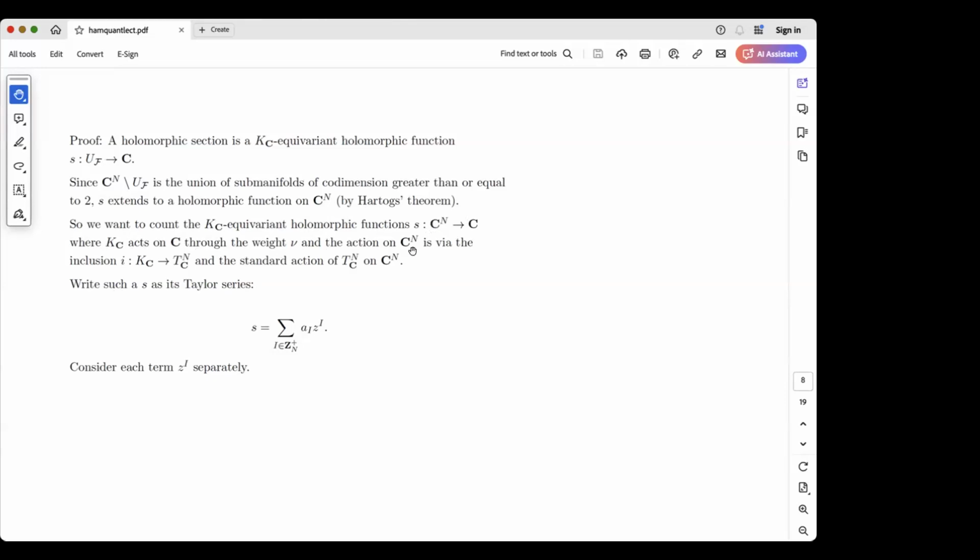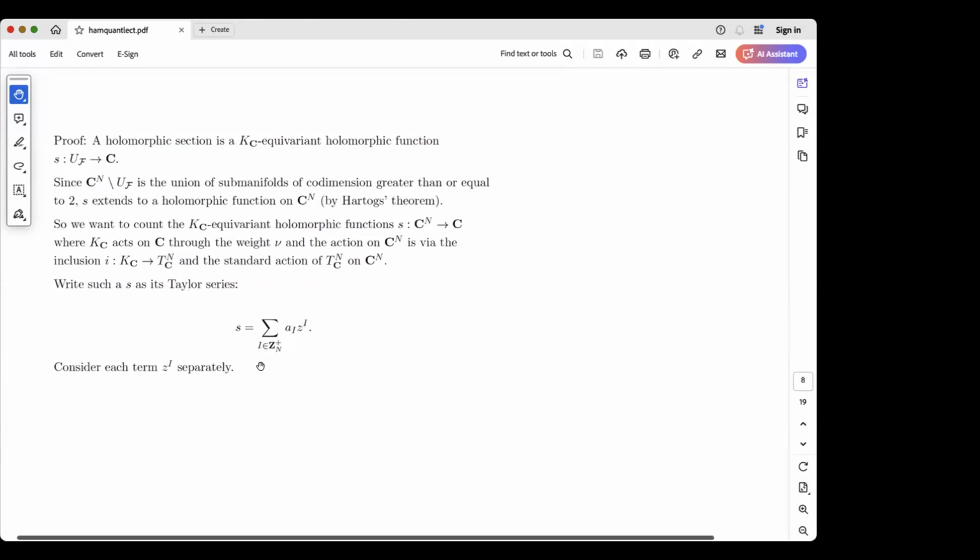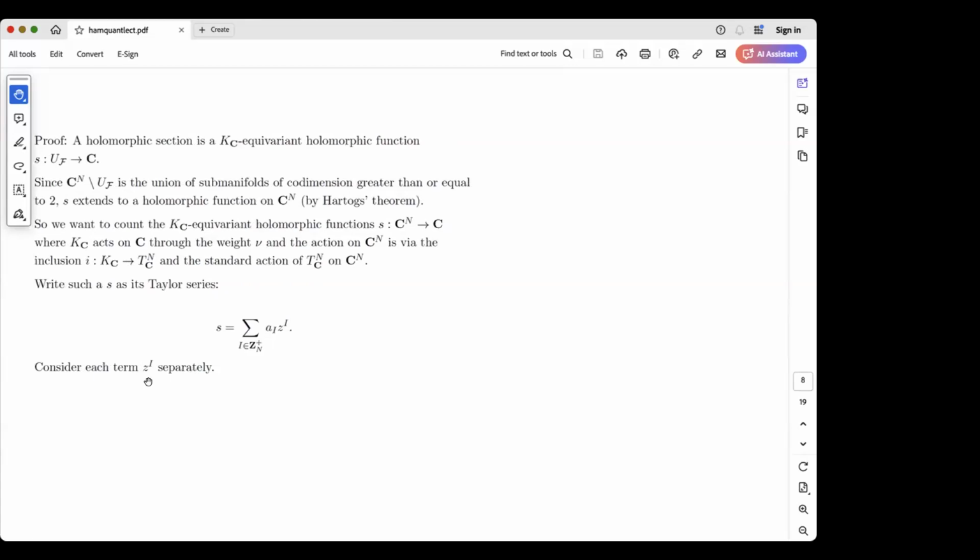And the action on C to the N is through the inclusion I from K sub C to T_C capital N, and the standard action of T_C N on C to the N. So we'll write our section S through its Taylor series, as a sum over capital I of A sub I of Z to the I. And then we'll consider each term Z to the I separately.